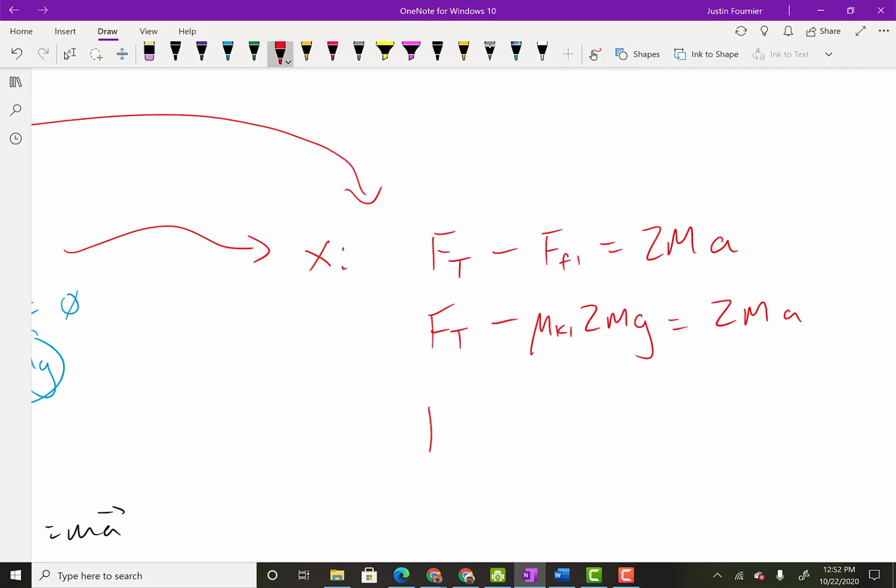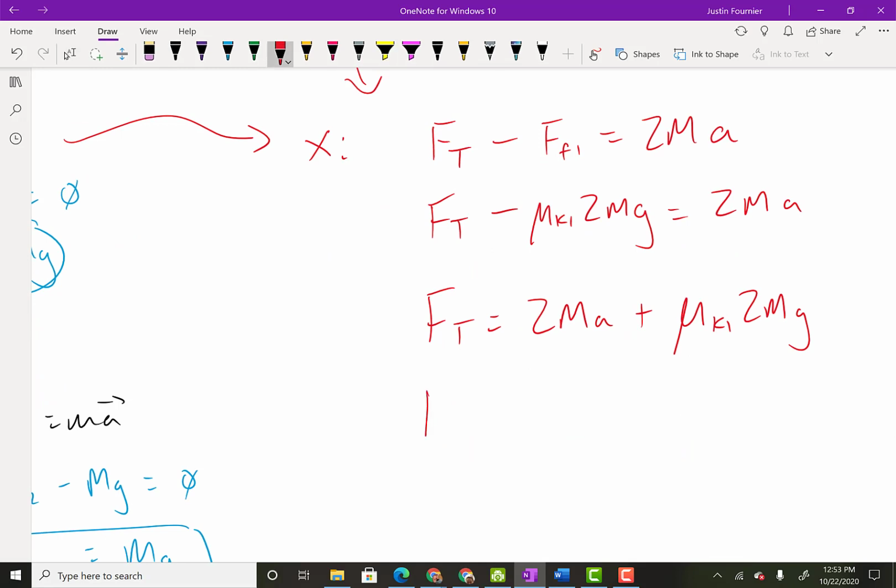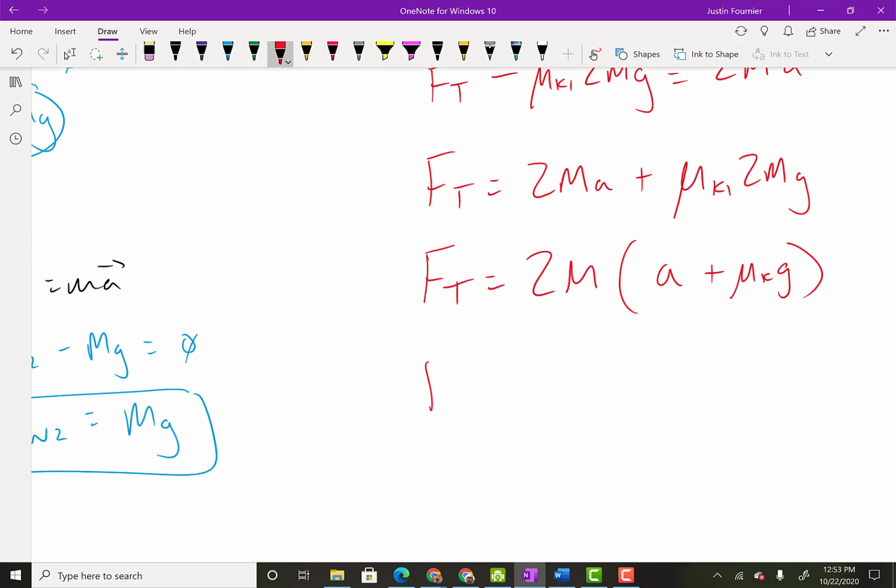So now just isolate the tension force. Factor out the 2m for an easier calculation. Units work out, that'll be fine. So let's see if we can plug this in.